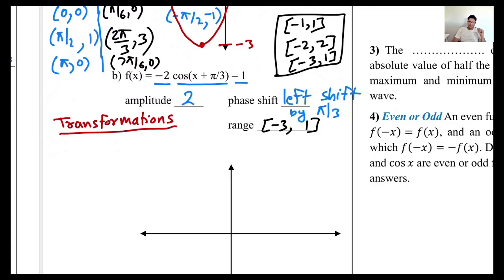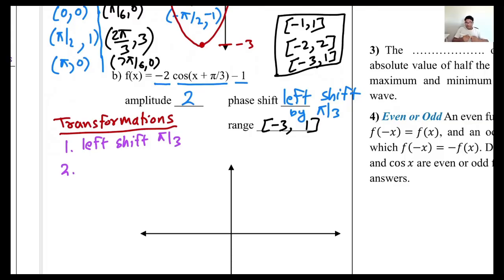Some of them might be interchangeable. You can do them in any order. Let me see. Number one, the graph of cos x. Let's say I shifted right first. No, left, sorry. Left shift I did first, pi over 3 units.